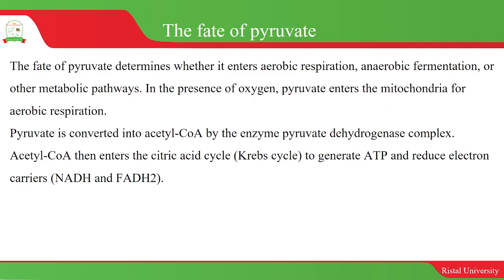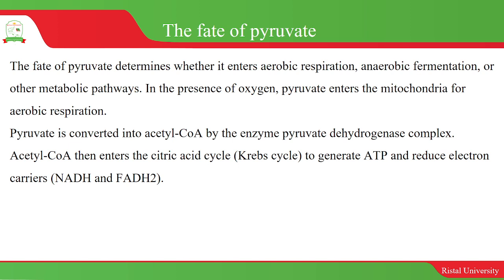So the two pyruvate molecules are the major products of glycolysis, and they can be utilized depending on the absence or presence of oxygen. If there is oxygen, pyruvate is converted into acetyl-CoA by an enzyme called pyruvate dehydrogenase complex.